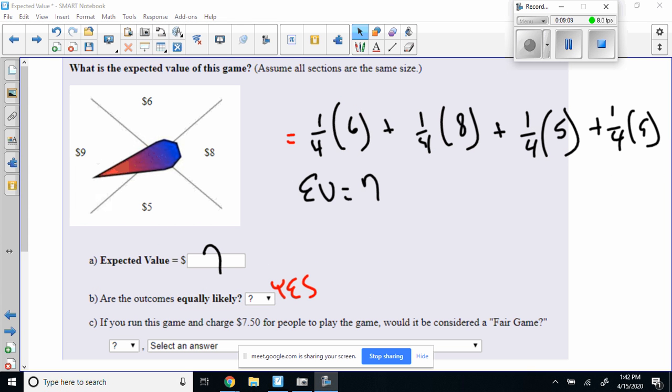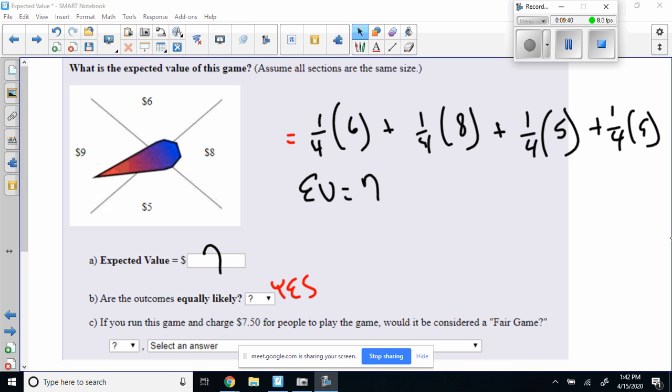Here's number 20, and it's the spinner, right? So let's look at how many different spots we have on the spinner. There's 4 spots, right? So each one of these dollar values has a 1 out of 4 chance of hitting it. So the probability of hitting a 9, 6, 8, or 5 are all 1 out of 4.